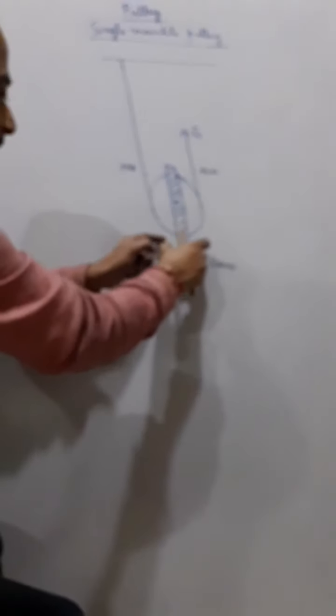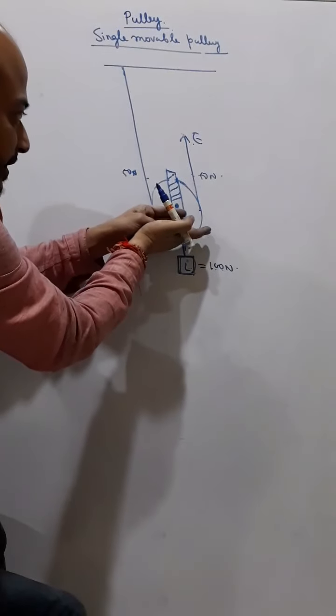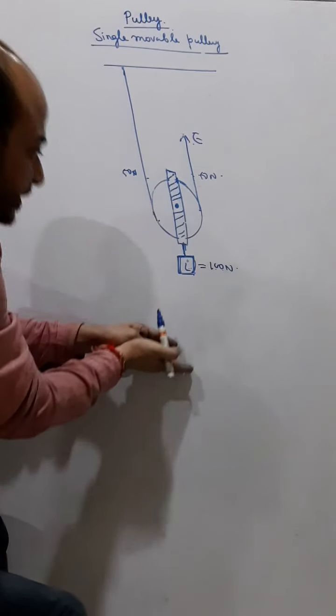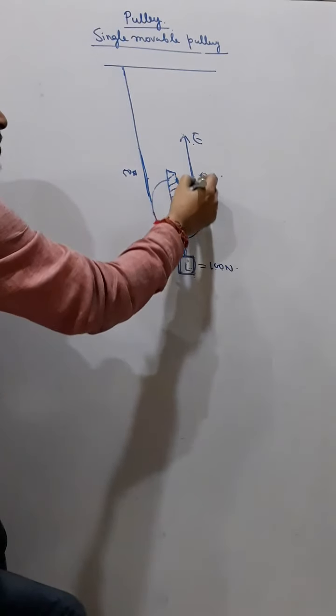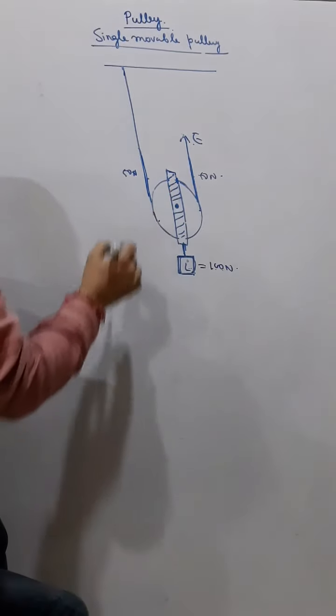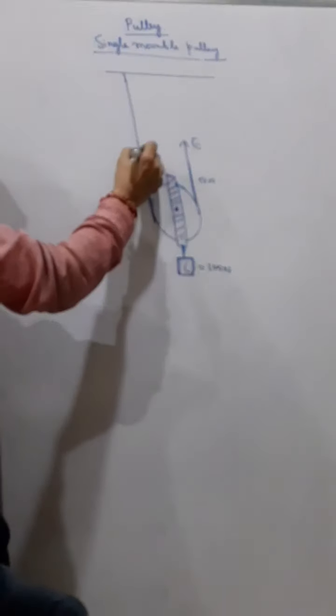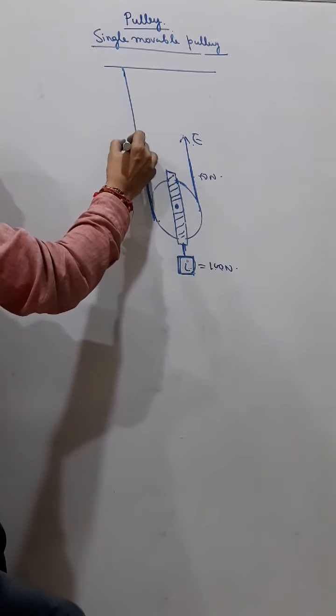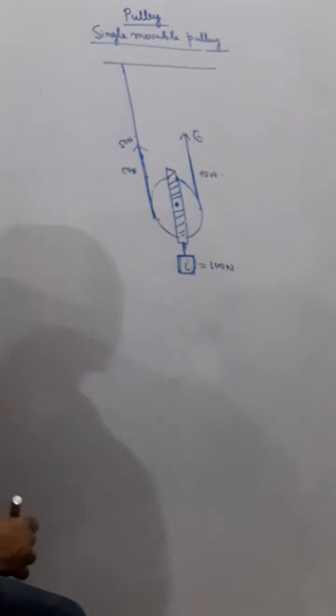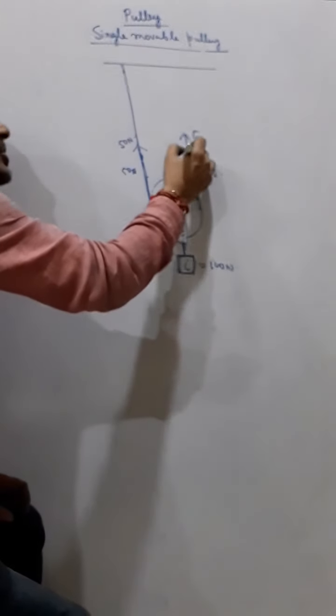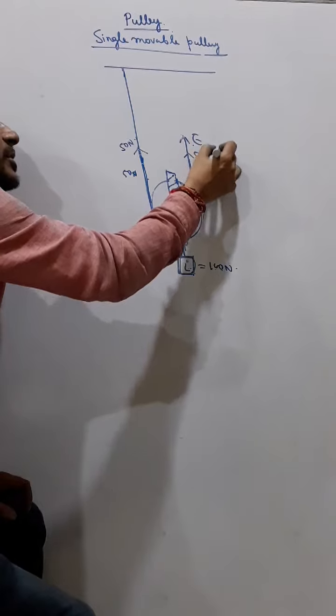So when the load is giving a force in the downward direction on this rope with 50 Newton, and on this rope also 50 Newton, the tension will also be 50 Newton here, and in this case also the tension will be equal to 50 Newton.